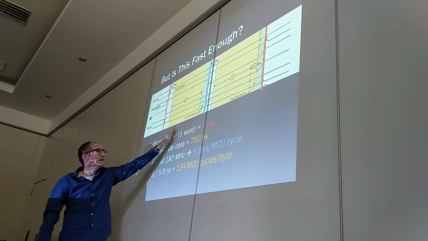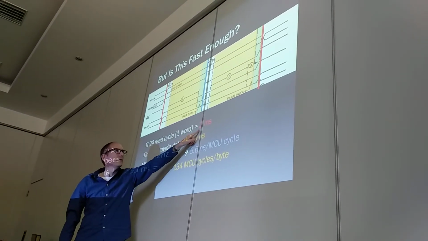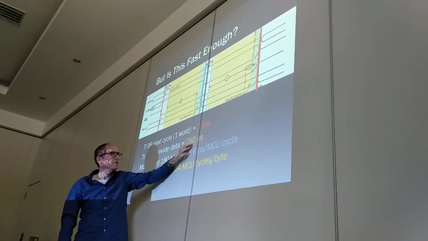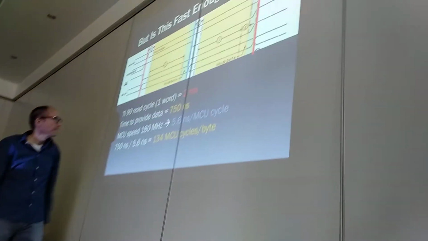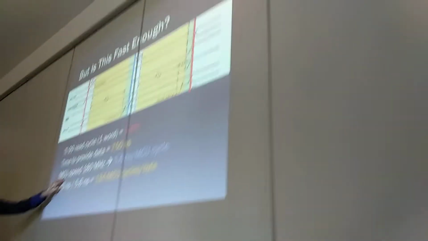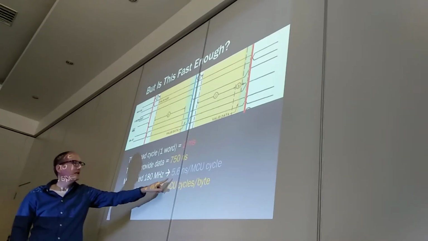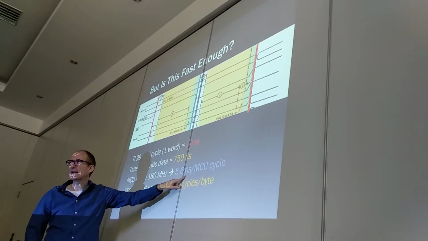And this yellow area is 3/4 of the half of this, so it's 740 nanoseconds. If the speed of the controller is 180 megahertz, this means we have 5.6 nanoseconds per cycle.